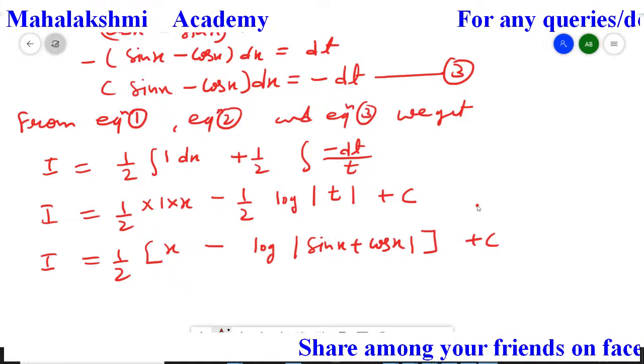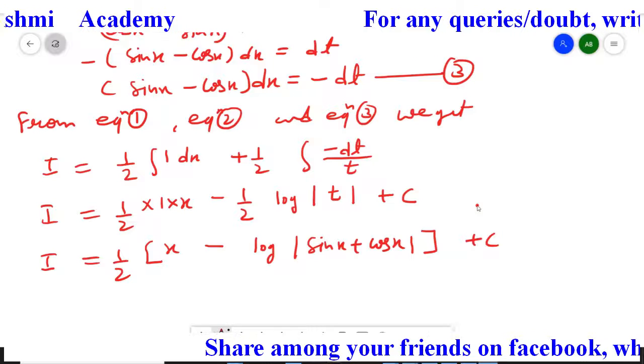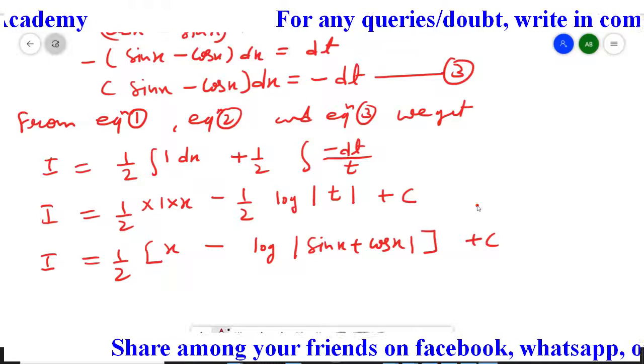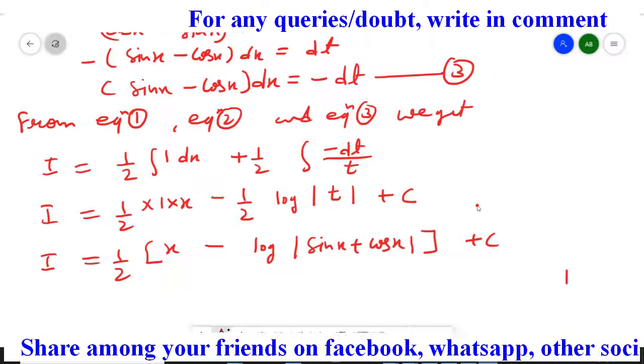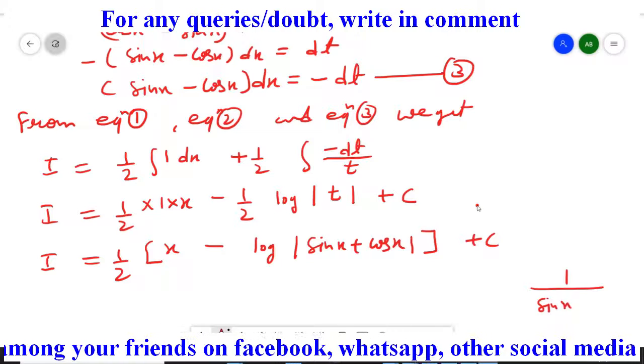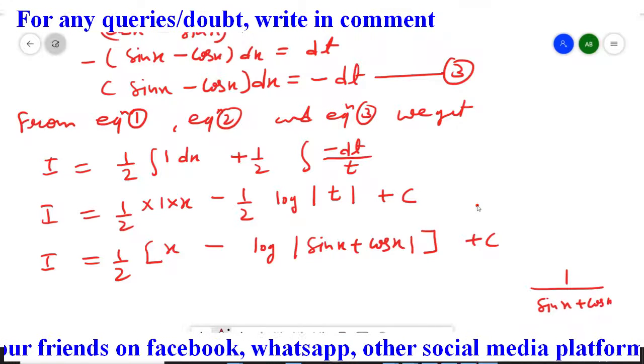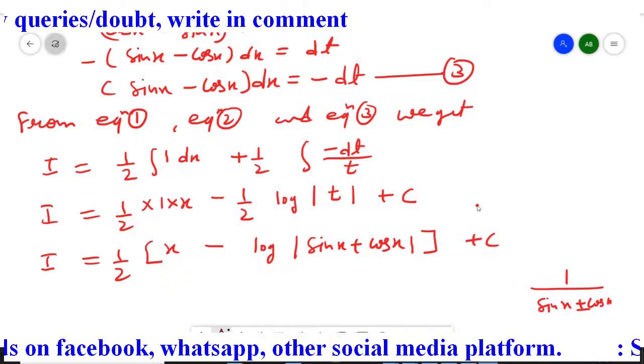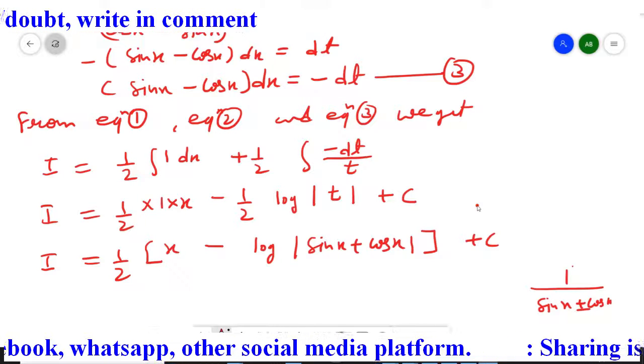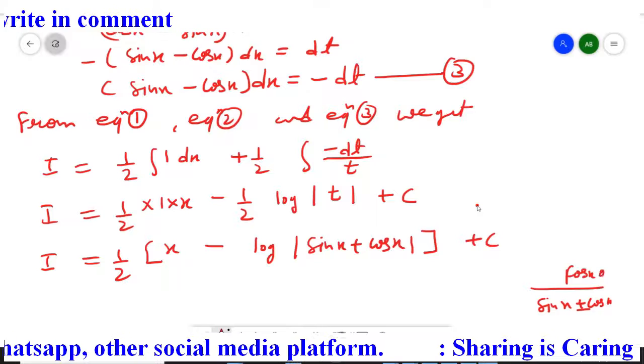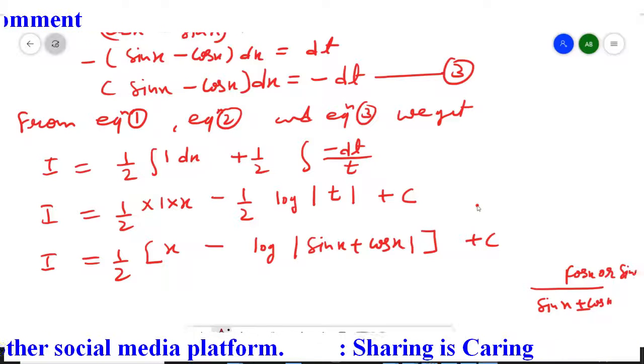So in question number 10, you learned a new pattern. In this pattern, what is the identification? That in the denominator we are going to have sin x plus cos x, sometimes plus or sometimes minus. In the numerator you are going to have only either cos x or only sin x.